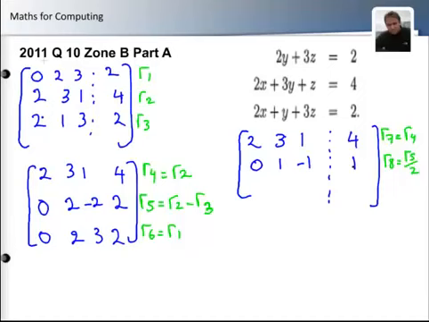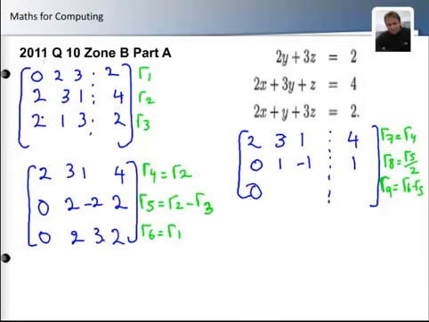Finally, what we're going to do is we are going to subtract from row 6, row 5. So row 9 equals R6 minus R5.